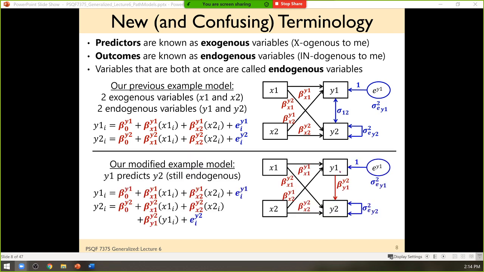This model on the bottom, y1 is both an outcome with respect to x1 and a predictor with respect to y2. So y1 is in the likelihood no matter what because it's an outcome of x1. What happens to x1 and x2 is software specific.